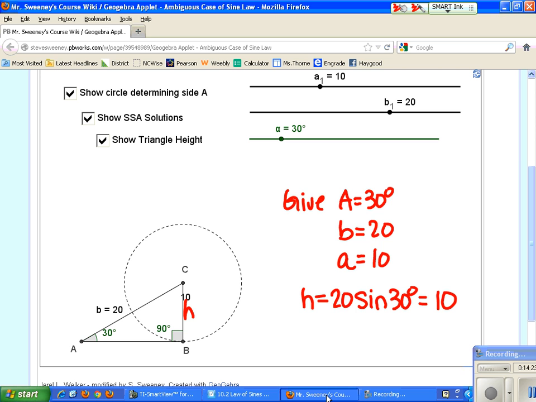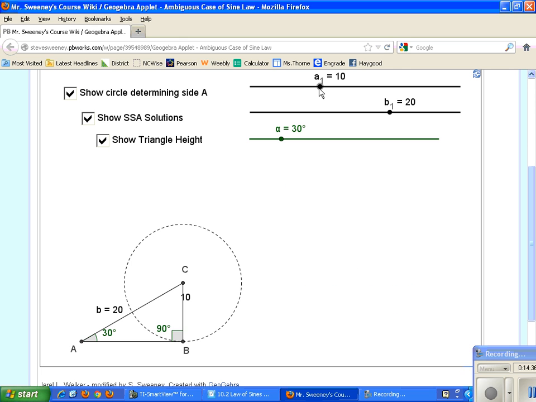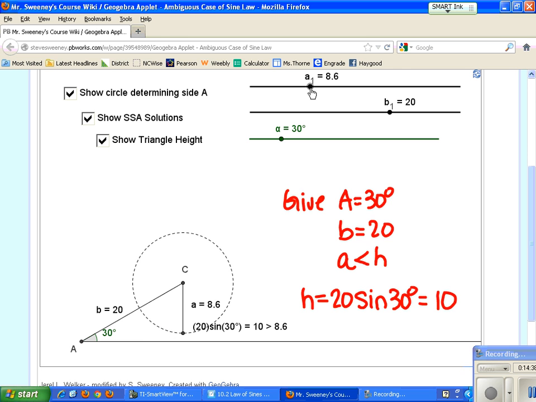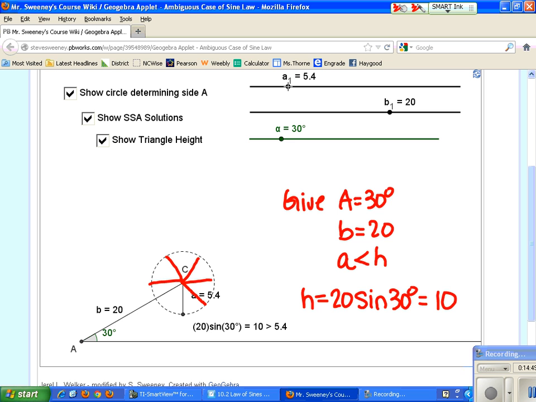Notice that I have a right triangle when that's the case. So now let's say that our A value is less than the height. If I take this value and move it here, notice that no matter where I swing my angle around to, anywhere I swing this around my circle, that A value is never going to reach the other side of my triangle.